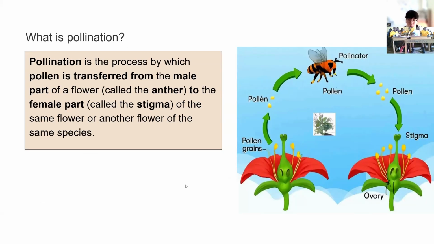So to look at what pollination actually is, pollination is the process by which pollen is transferred from the male part of the flower, again called the anther, remember, to the female part called the stigma, in the same flower or to another flower of the same species.